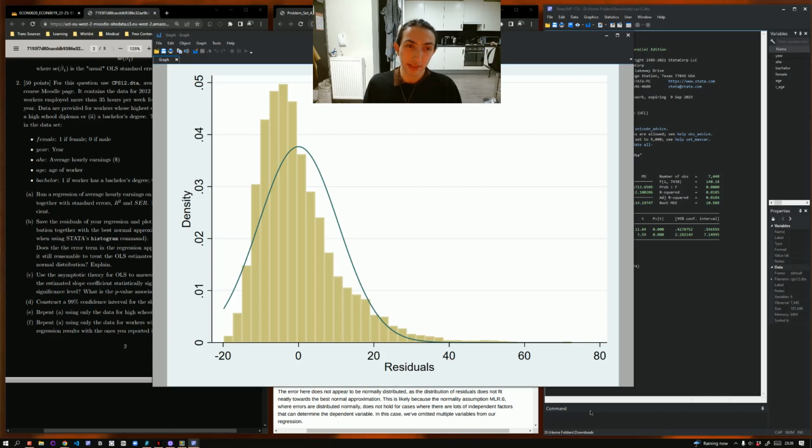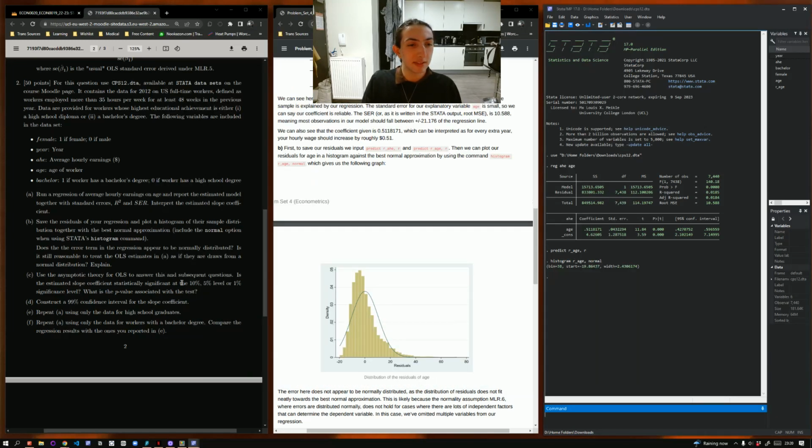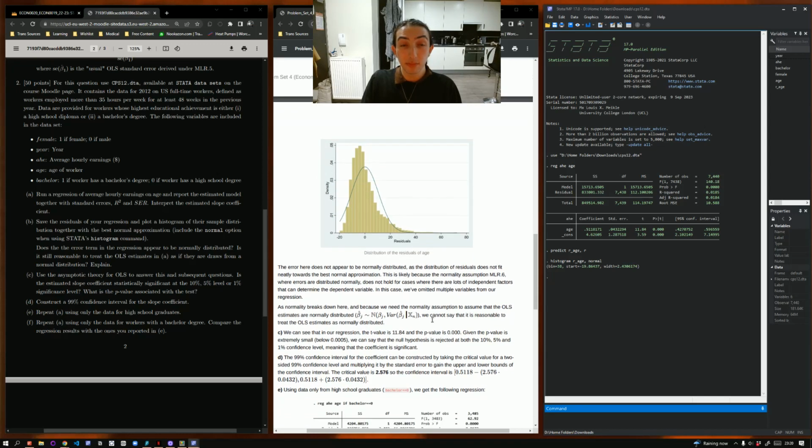Everyone should pretty much get the same thing. We also want to comment on whether that fits a normal. No, first of all, because the MLR assumption doesn't hold for this, mostly because we've omitted variables from our regression. It often doesn't hold for cases with lots of independent factors, and especially not where our R-squared is so low.